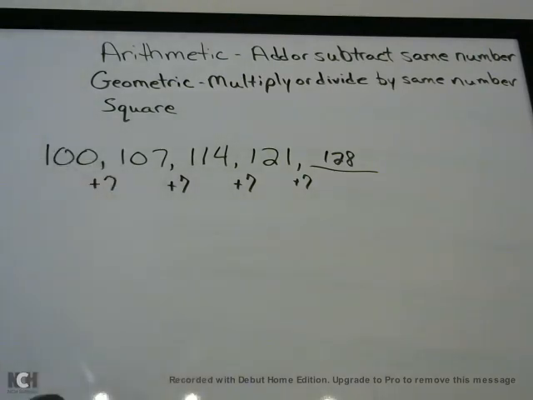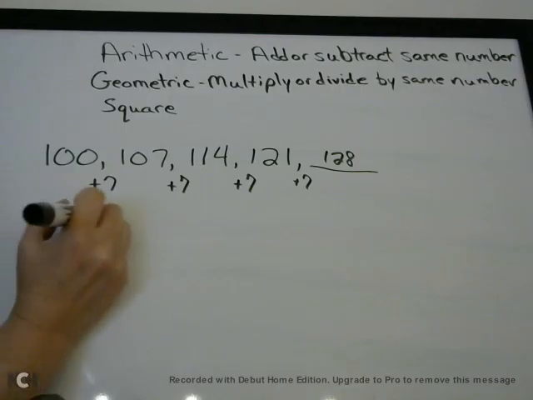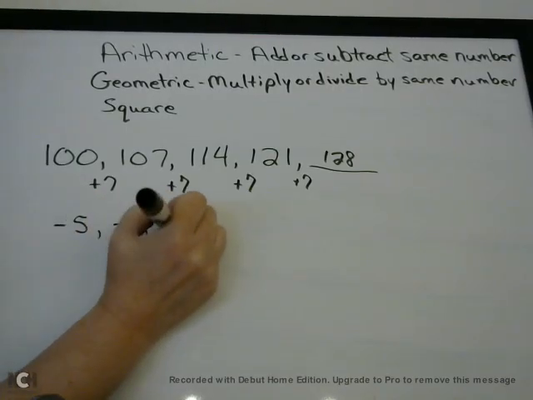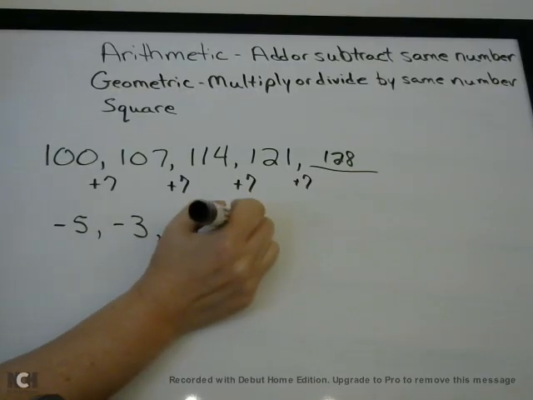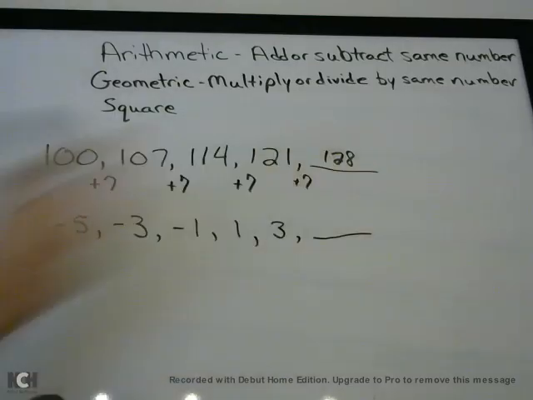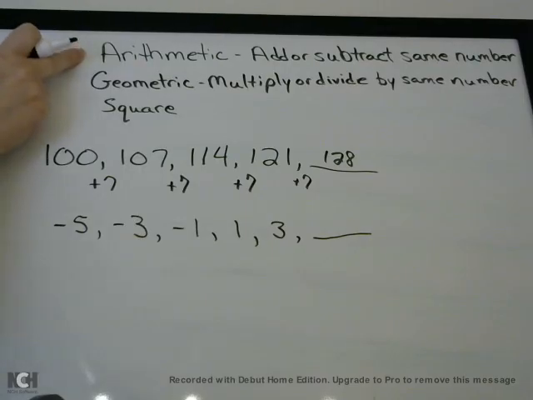We'll do another example. Let's say you had negative numbers, because it works the same if they give you any type of number. Let's say they give you this and say, what is the next number in the sequence? Well, first, always start out, is it arithmetic? Are they adding or subtracting the same number?